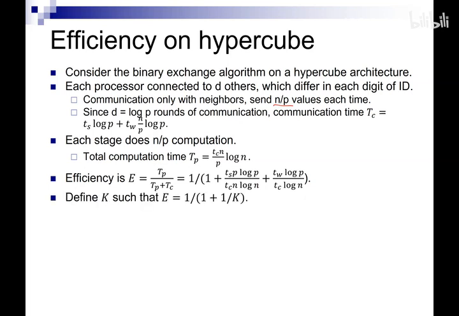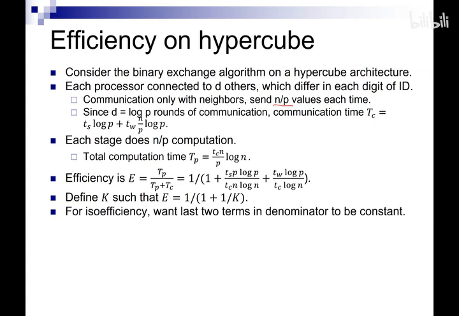Now for convenience, we're going to define this term k over here. It's related to e in this way, so we define k by this expression. As you vary p, that's going to help you go faster, but it's also going to increase your communication.